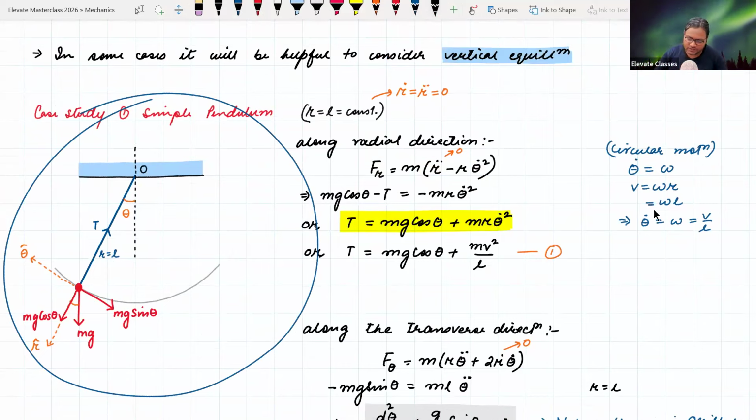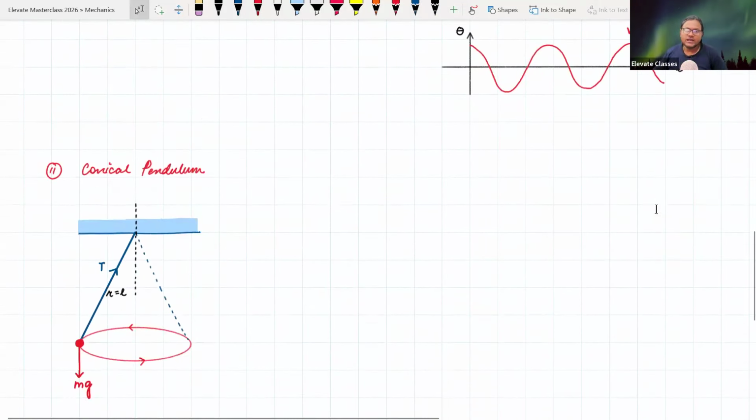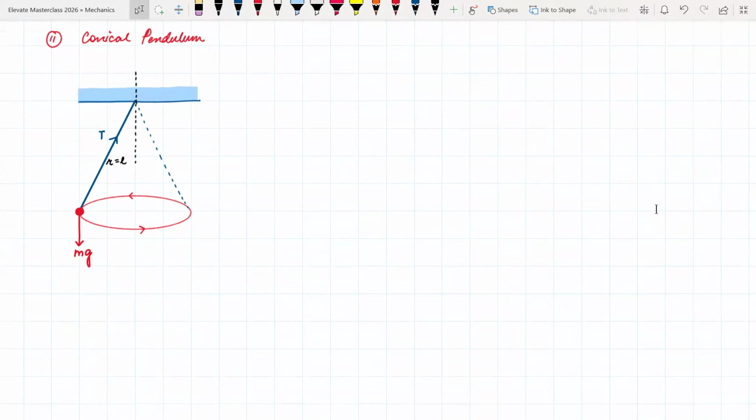Now looking at this, tell me, if I choose polar coordinates, what should be the origin of the coordinate system? The center of the path. Center of the path. Very good. Okay, not the suspension point.